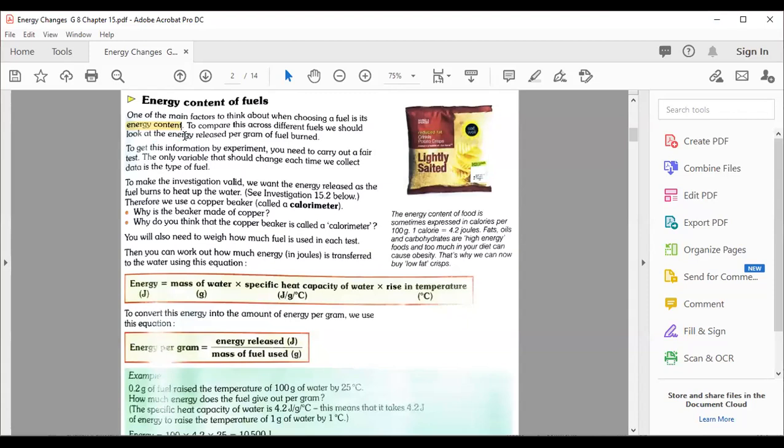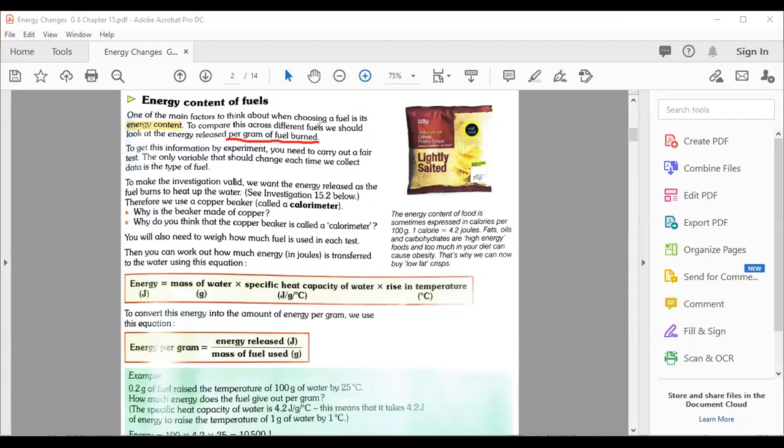We should look at energy released per gram of fuel burnt. Please everyone understand and underline this statement. What is the meaning? Fuels should be looked at by the energy released per gram of fuel burnt.